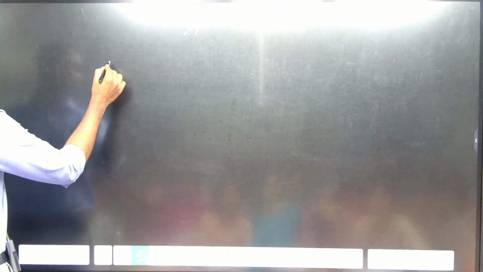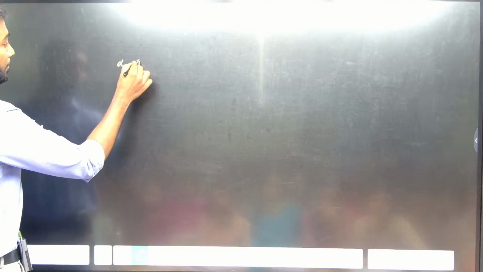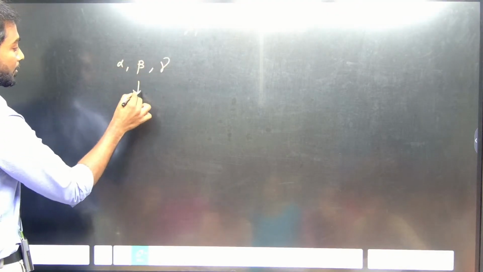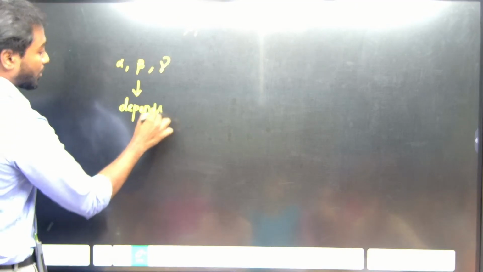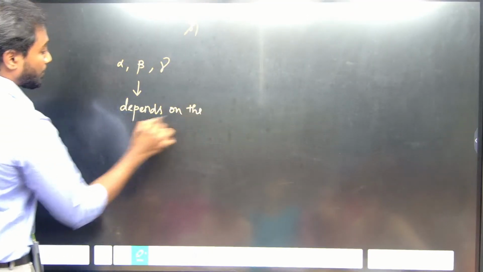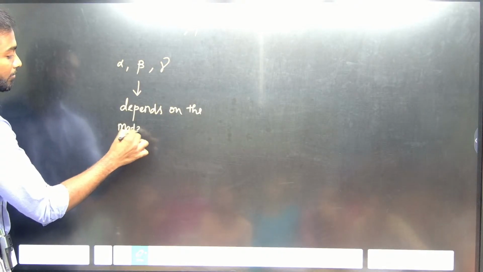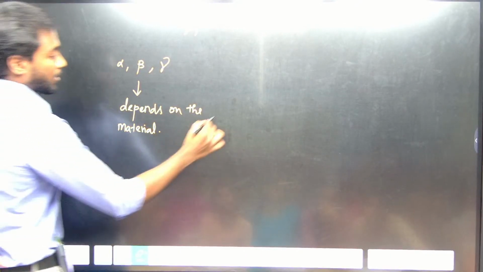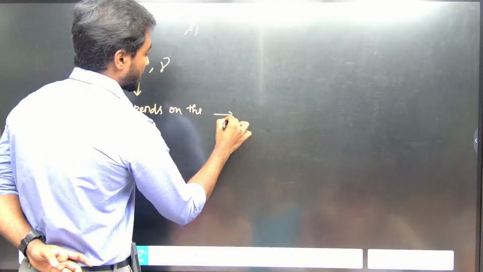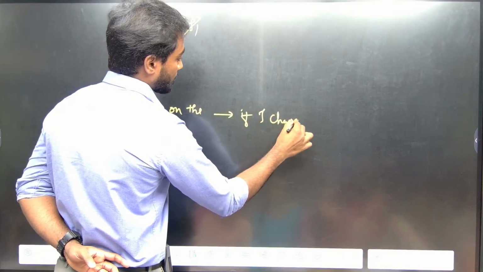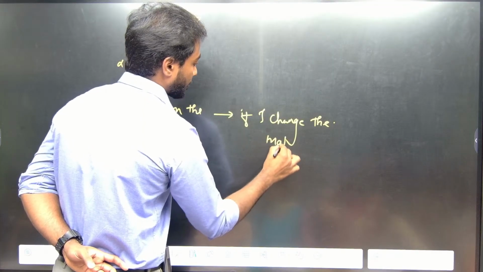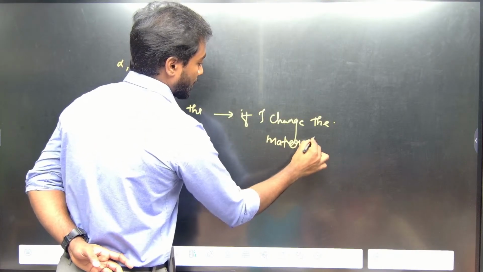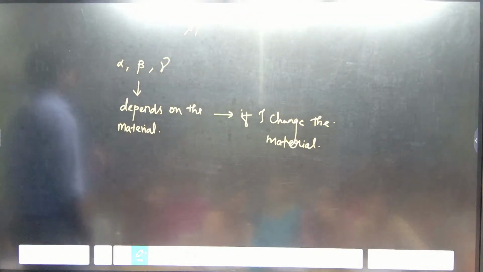See, I told that alpha, beta, gamma depend on the material which we consider. If I change the material, alpha, beta, gamma also change.